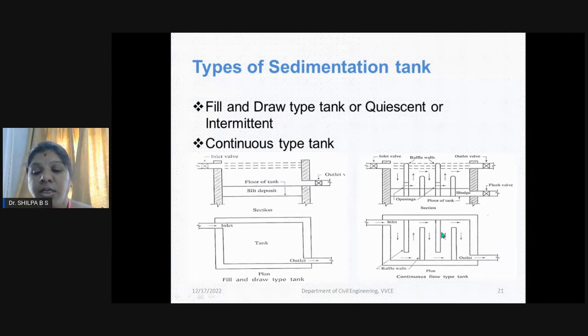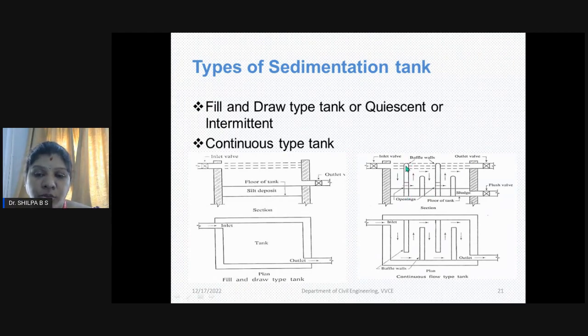This is the schematic of the continuous sedimentation tank. Water will be allowed into the inlet zone through the inlet pipe. To reduce the velocity, or to have a constant velocity within the settling zones of the sedimentation tank, baffle walls are used here.